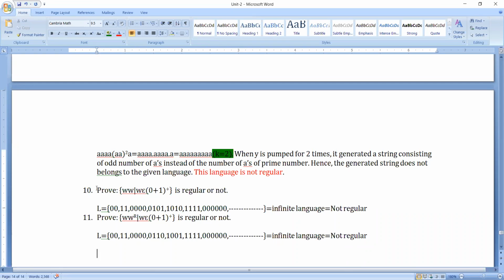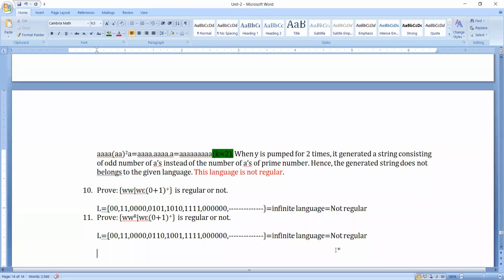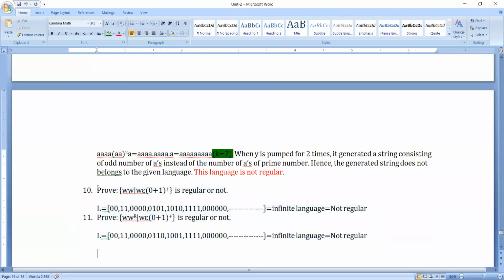For these two languages, we are going to see how to construct the pushdown automata. I'm not saying that these are not languages. These are languages, but not specifically regular languages. These two are the best examples for context-free languages, which are recognized by the pushdown automata, our next automata.